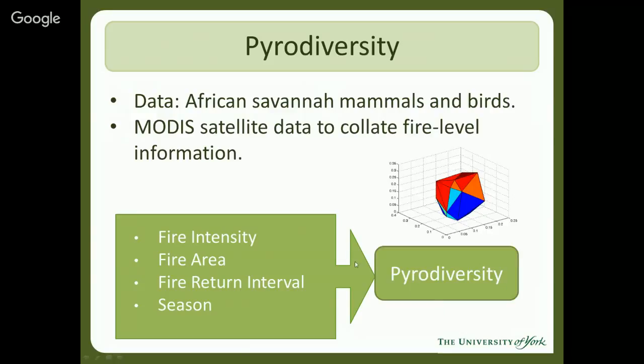And these 4 axes we can plot essentially in multi-dimensional space and measure the volume of fires. So if you imagine each one of these axes is an individual fire.